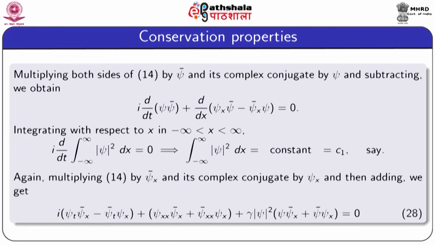To prove the conservation properties, we multiply the standard nonlinear Schrodinger's equation, which is given by equation number 14, by psi bar and its complex conjugate by psi, and then subtracting we obtain i d/dt of mod psi square plus d/dx of (psi x psi bar minus psi x bar psi) equals 0.